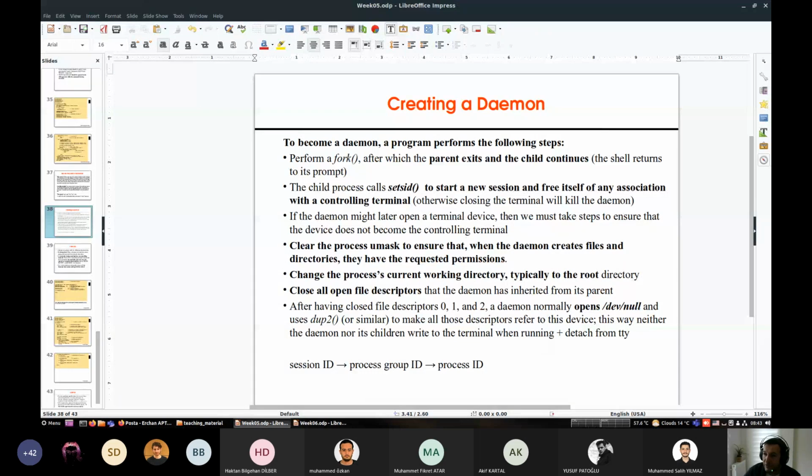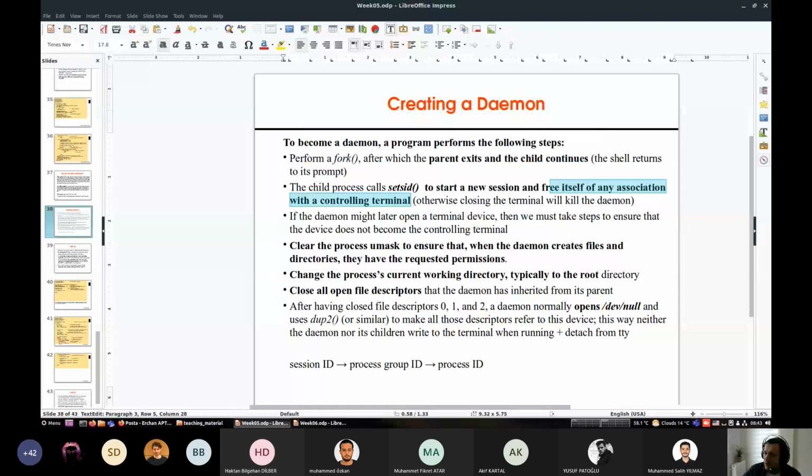Now at this point, there are some interesting things happening. The child calls a very special function called set session ID, setsid, in order to start a new session. So it tries to leave the session to which its parent belonged in order to start a new session, meaning that since there is one controlling terminal associated with every session, it also frees itself of any association with a controlling terminal.